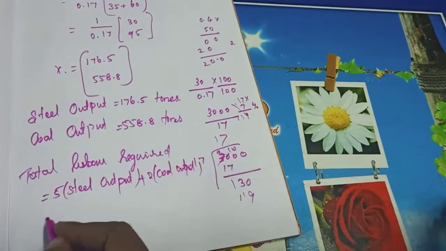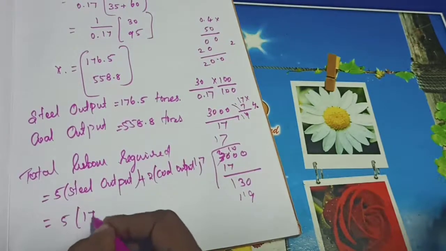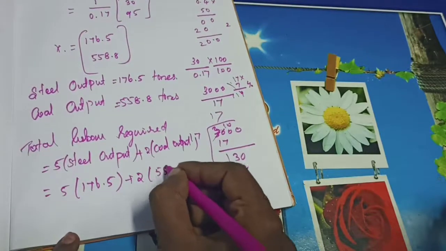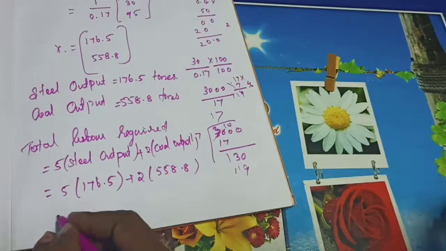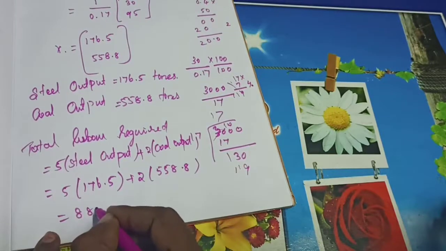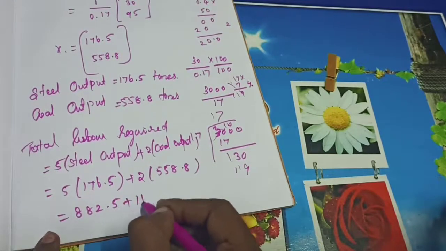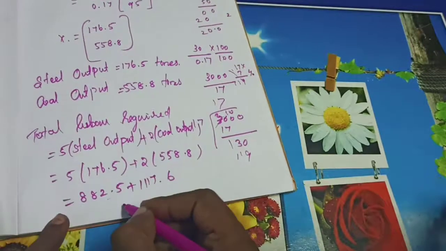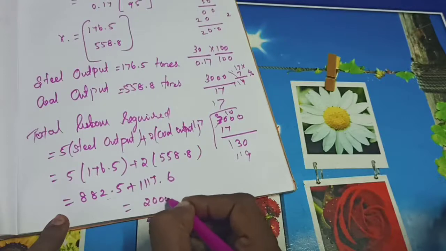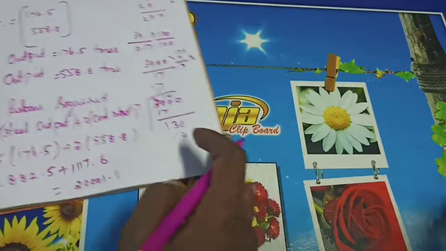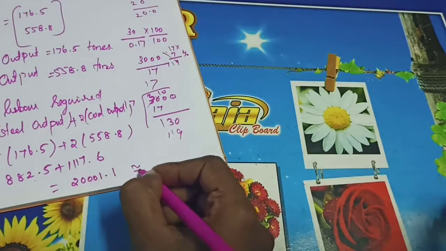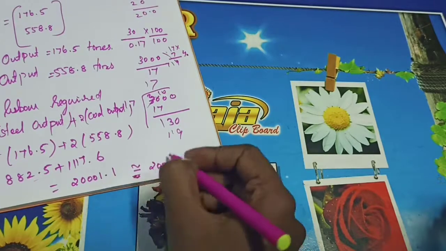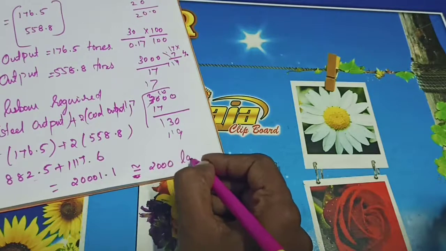That is equal to 5 into 176.5 plus 2 into 558.8. Multiplying, we get 882.5 plus 1117.6. Adding these two numbers, we get 2000.1. But labor days can't be written in decimal numbers, so approximately 2000 labor days.